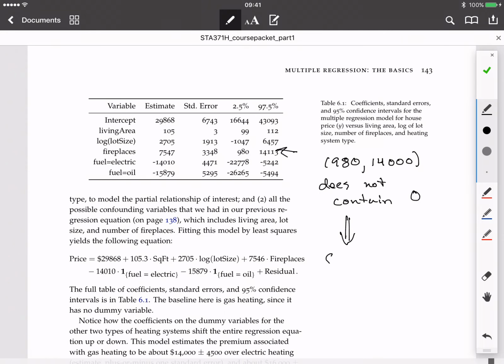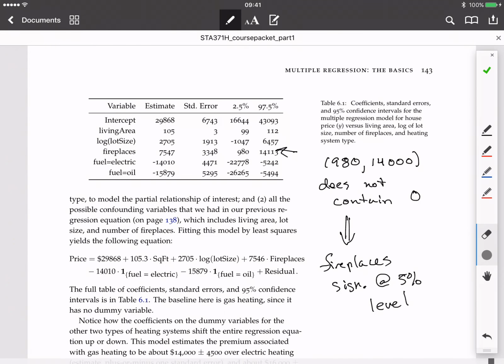Therefore, we would say that fireplaces is significant at the 5% level. Right? Because it's a 95% confidence interval, and significance is 1 minus the confidence level. Simple enough. So we are at a 5% significance level, ruling out 0 as a plausible value for the partial slope between fireplaces and the response.